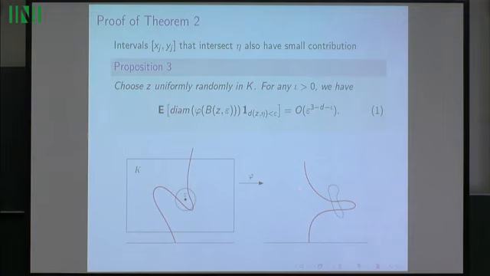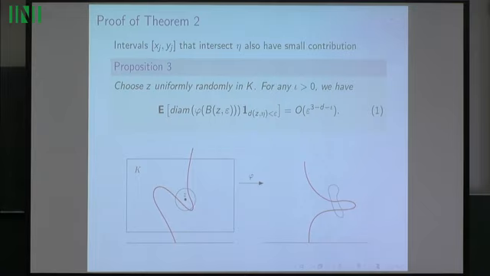Once we have this proposition, this implies that the variation of phi on intervals across eta is small. I'm not going to show the proofs, but the idea is we can subdivide this interval into small intervals of size epsilon.